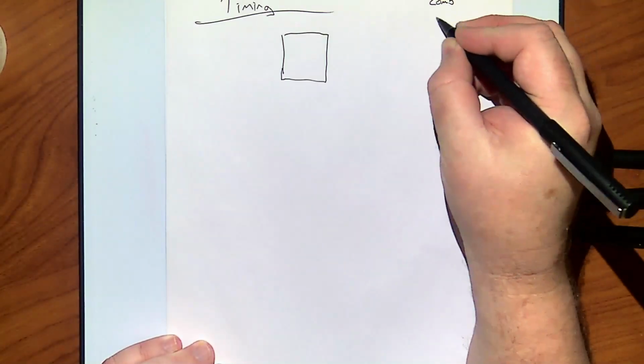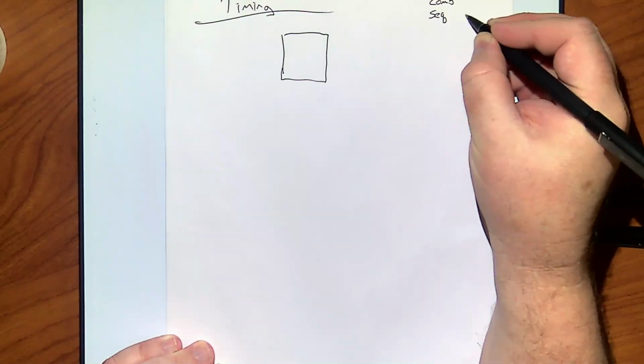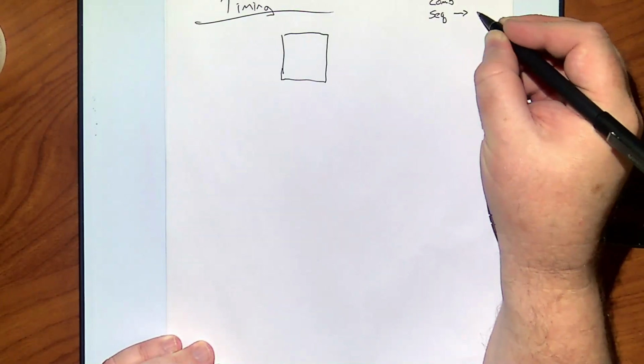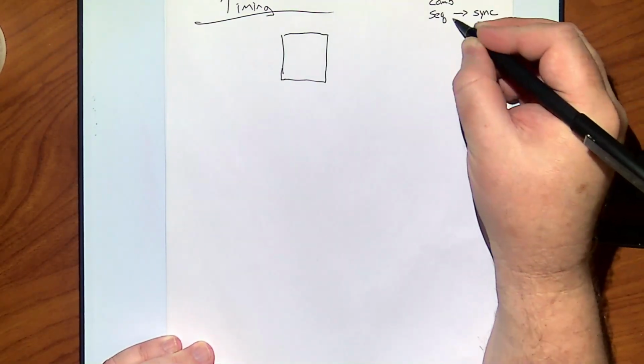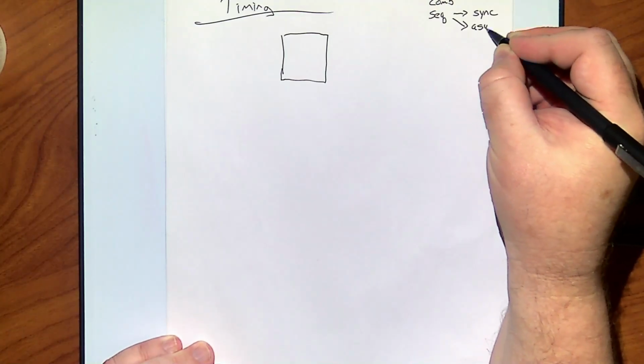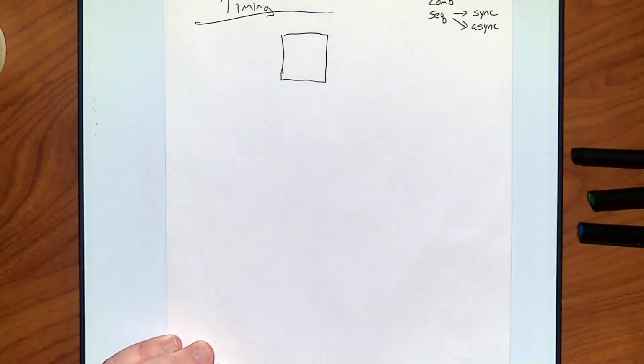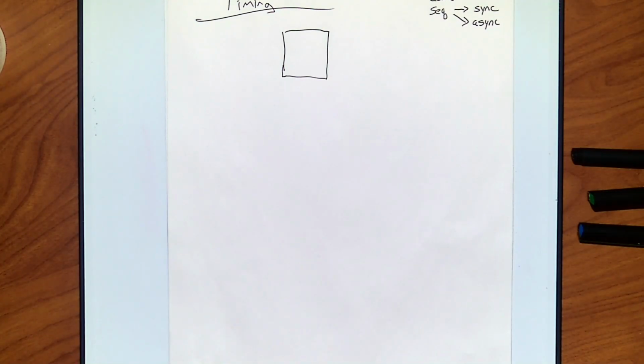Remember, we have two big categories, combinational logic and sequential logic. And sequential logic can be synchronous or asynchronous. So we really have three different areas we're dealing with. Okay? Combinational, what is combinational logic?